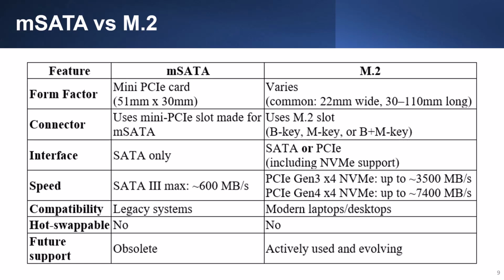Here's a table comparing mSATA versus M2. As you can see, mSATA is the obsolete version of SSDs that only runs up to approximately 600 megabytes per second, while the M2 can access the PCI Express interface that goes up to approximately 3,500 megabytes per second, and 7,400 megabytes per second for PCI 4.0 using 4 lanes, and probably higher in future versions.